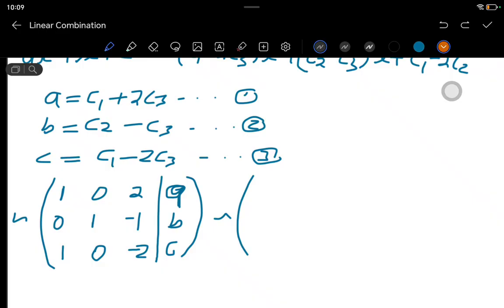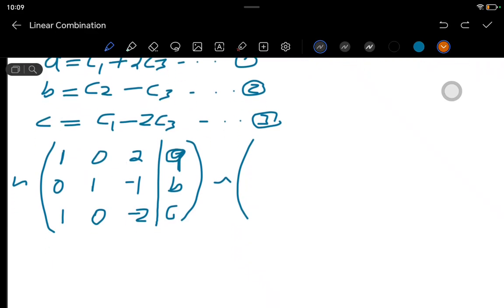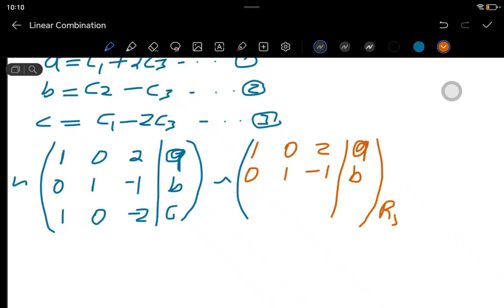You see right now. So now we're going to do that. We need to change this to a 0, so it means that we're going to write these ones 0, 2, 1, minus 1, A, B. Then this will just be row 3 minus row 2.